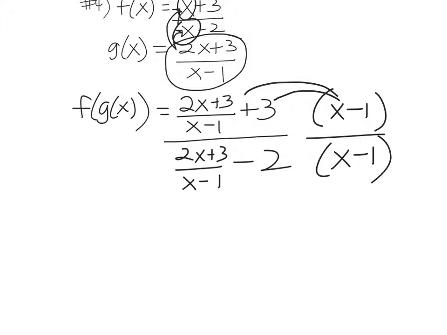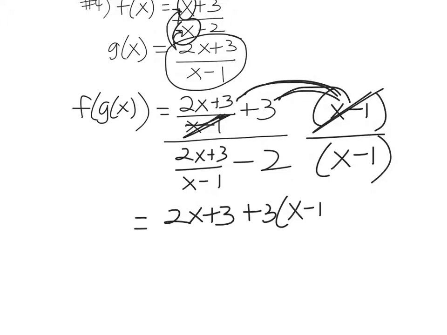When we multiply it here, the x minus 1 and the x minus 1 will reduce. We're getting rid of that fraction. Do you see that? You multiply here, x minus 1 reduces, leaving us with just 2x plus 3. Does everyone see that? This right here and that goes away, leaving us with 2x plus 3. Then we have to multiply the 3 by x minus 1 also.